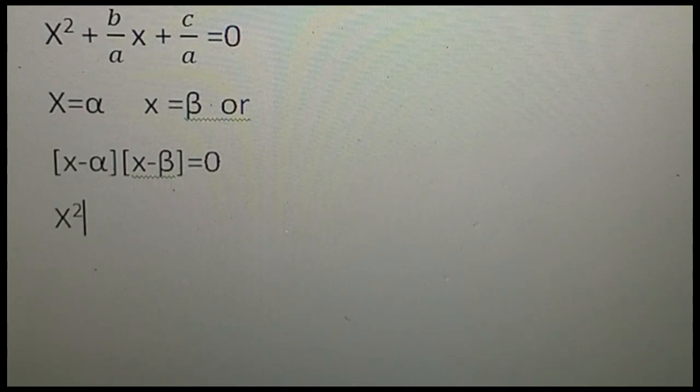Then x multiplied by negative beta gives negative x beta, and negative alpha multiplied by x gives negative alpha x.